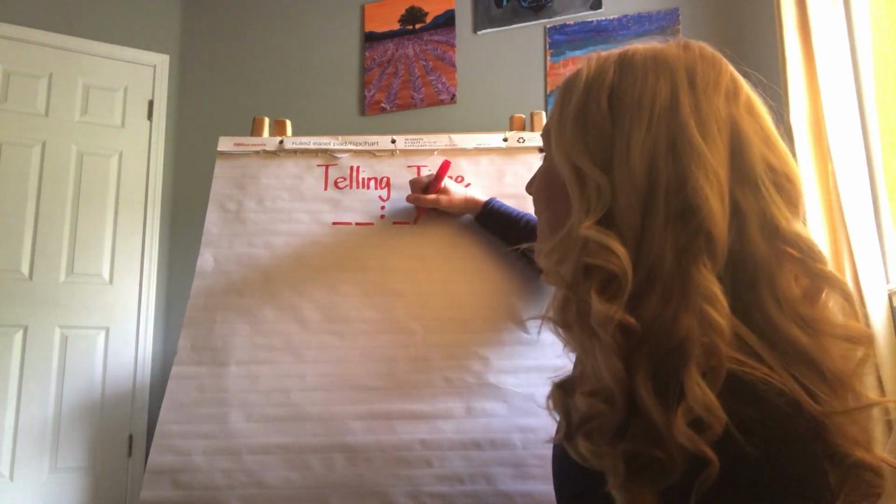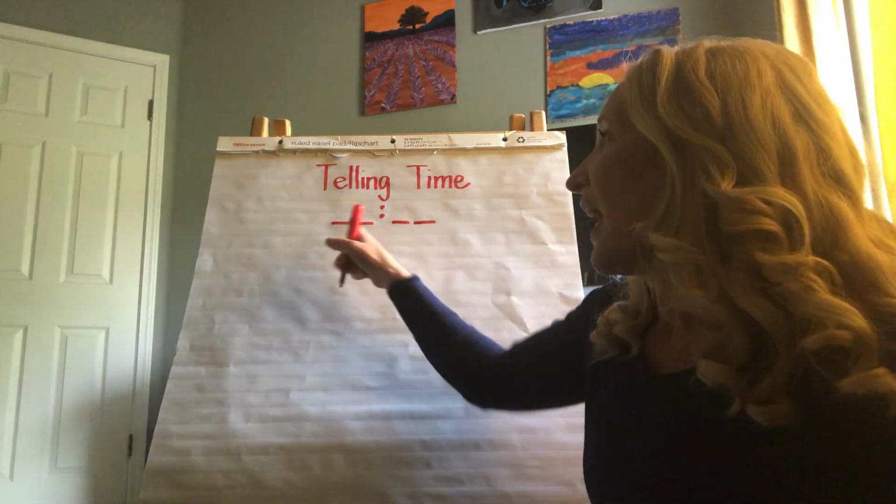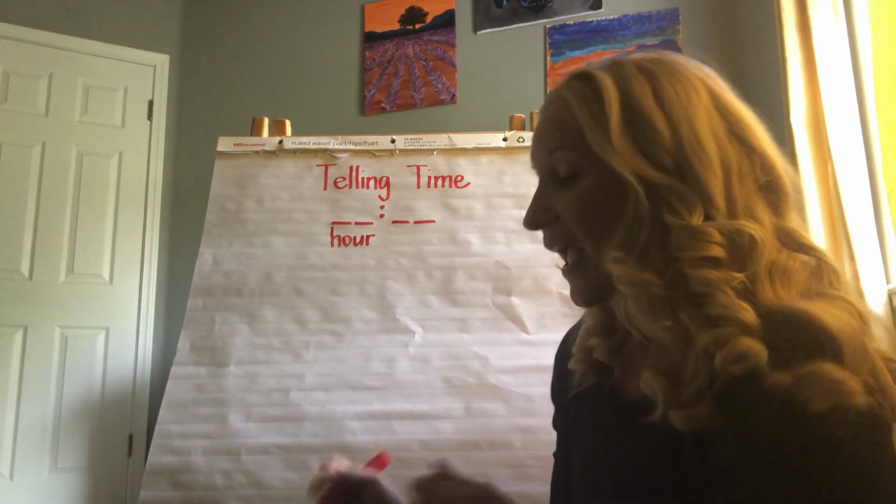There's two spaces, then there's a dot dot, and then there's two spaces again. And these two spaces over here mean the hour. And these two spaces over here mean the minutes.